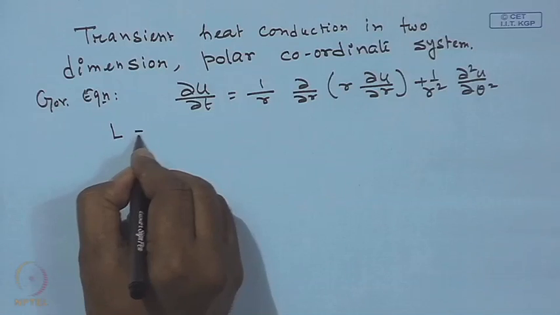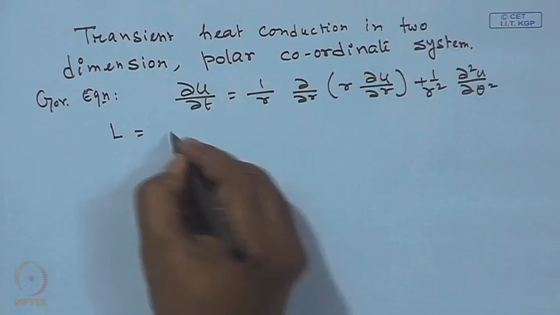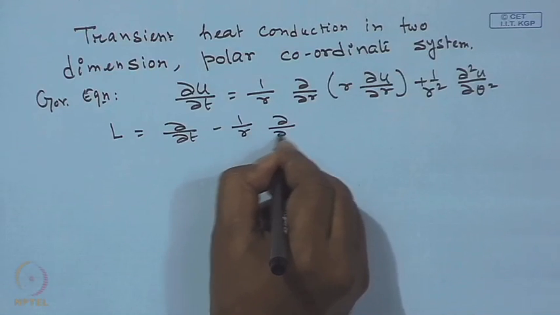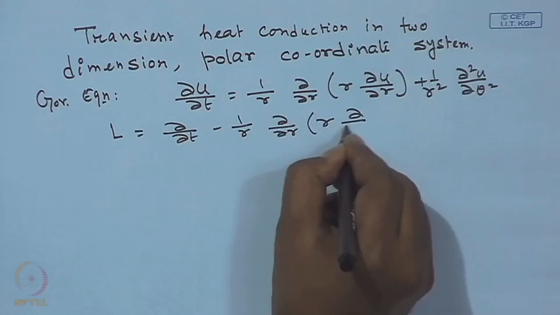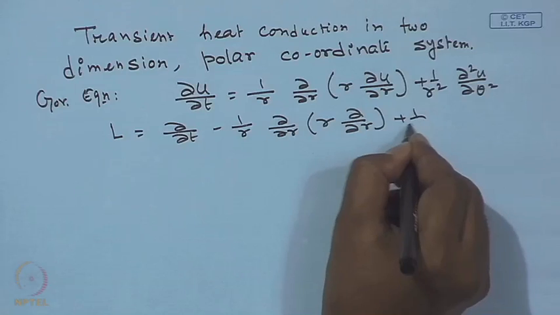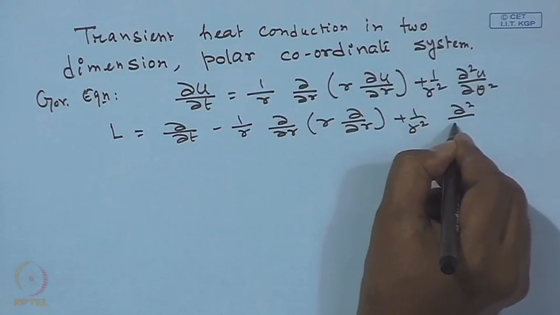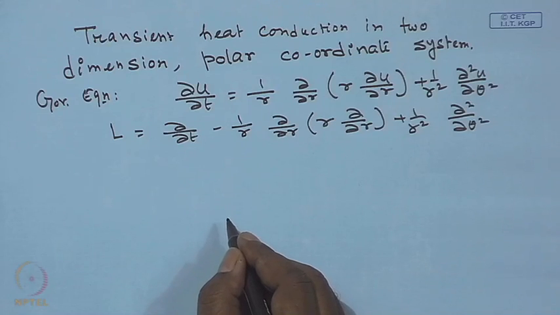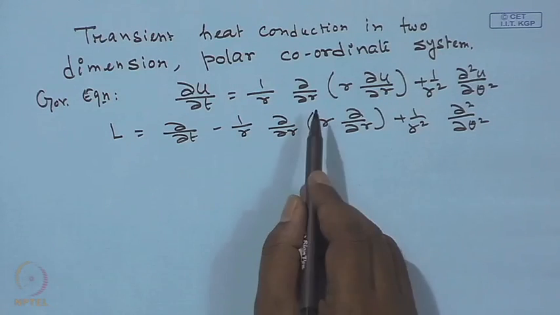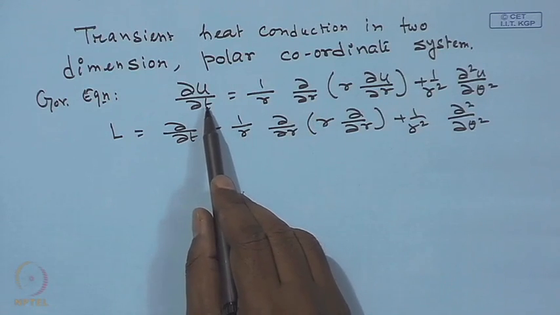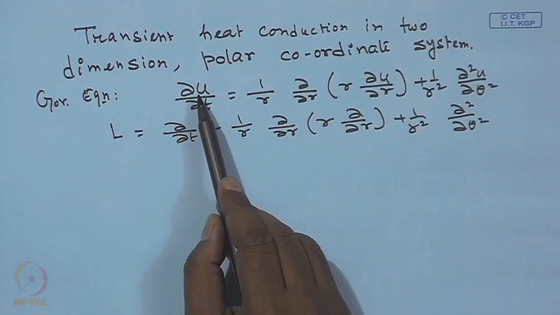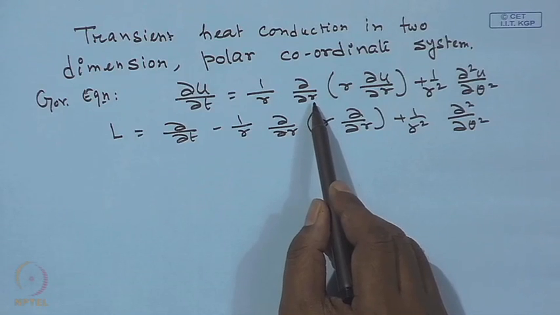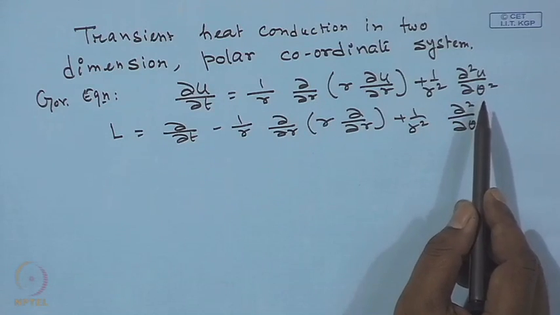So, if you look into this problem, the operator is del del t minus 1 over r del del r r del del r plus 1 over r square del square del theta square. So, that is the operator we are talking about. Therefore, this equation requires one initial condition with respect to t, because it is order 1 with respect to t, and two boundary conditions over r and two boundary conditions on theta.